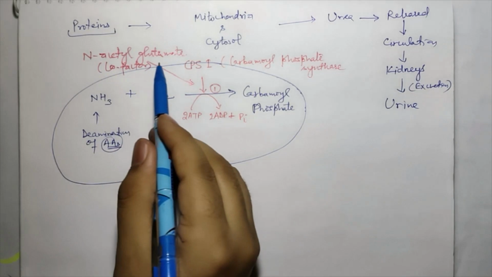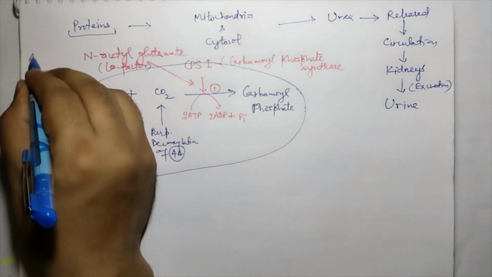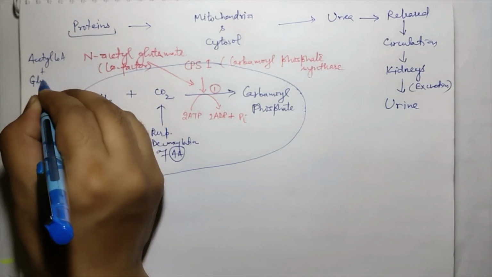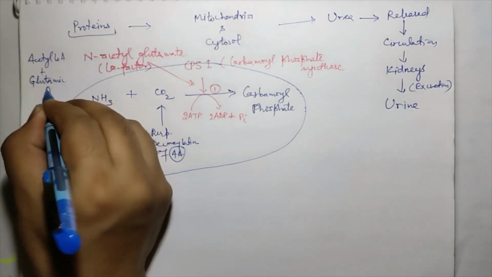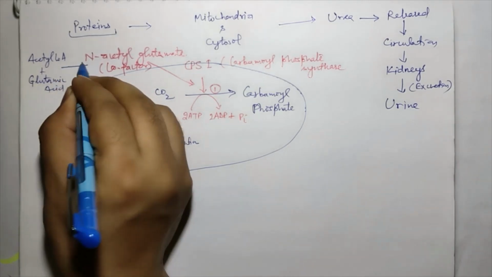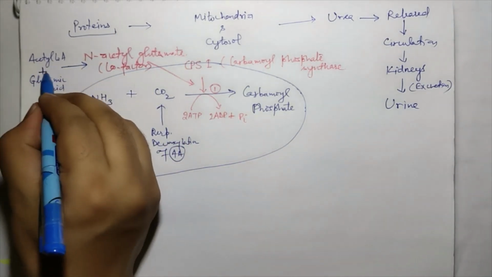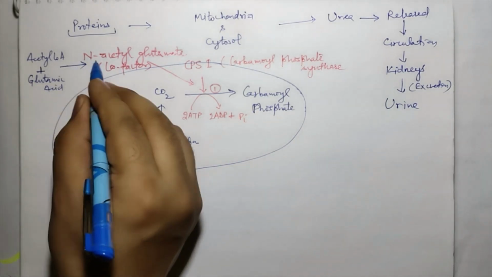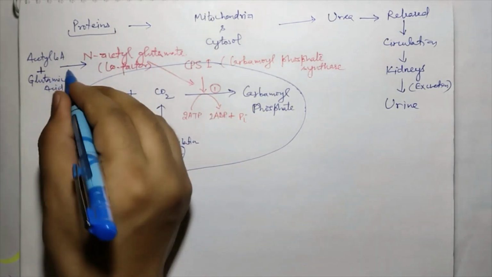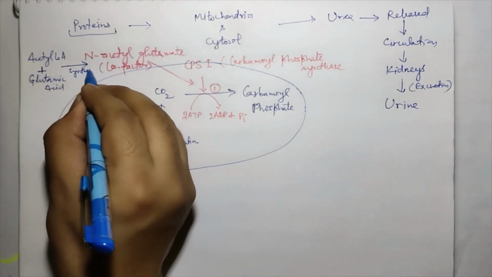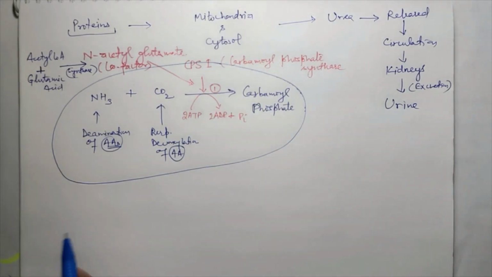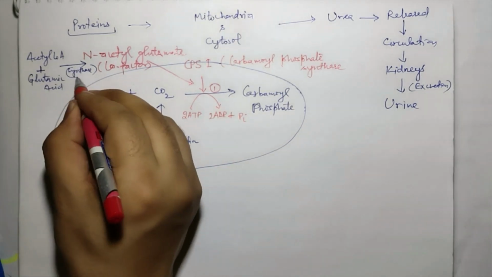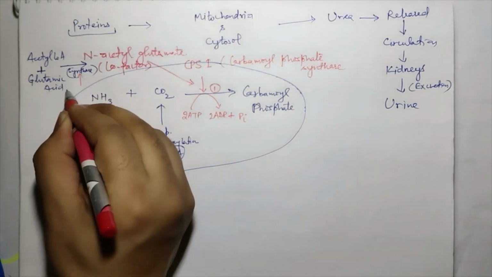This N-acetyl glutamate is synthesized from acetyl coenzyme A and glutamic acid in the presence of an enzyme that is called N-acetyl glutamate synthase. And this synthase enzyme is regulated by the level of arginine.